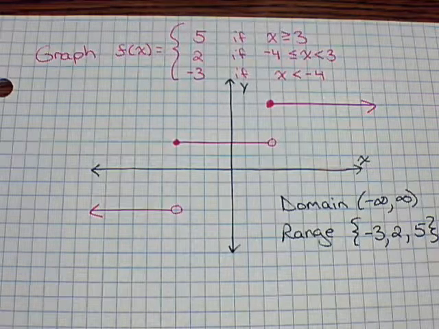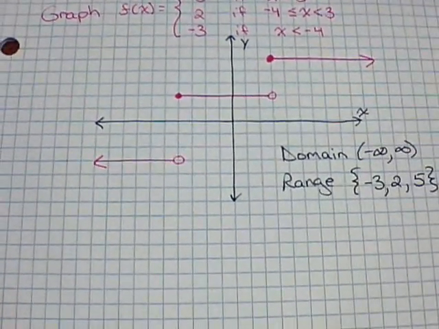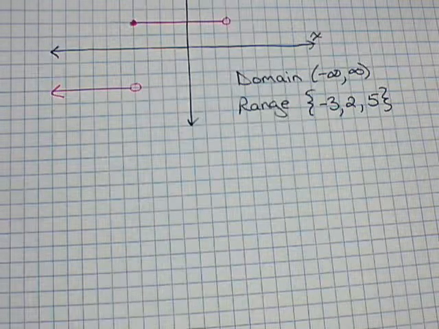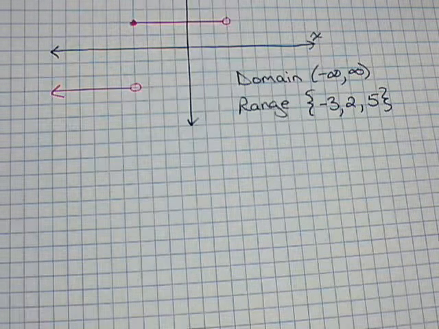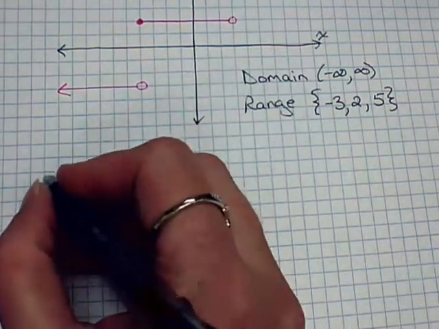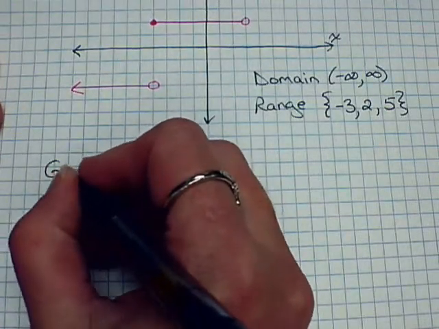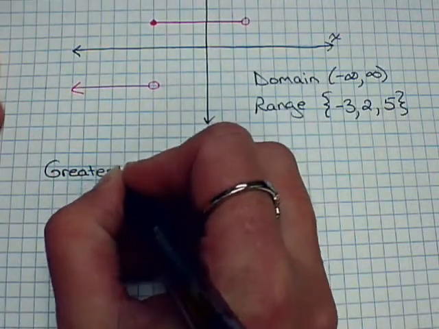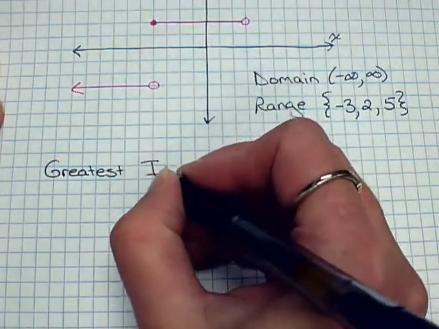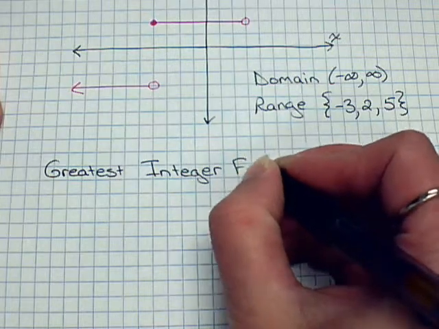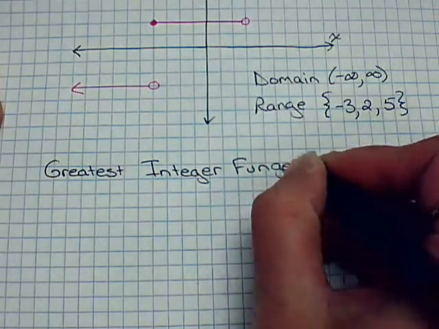Now, there's another example of a step function that's pretty popular, and if you do the investigation that goes with this activity, the discovery, you'll get to play a lot more with it. I just want to introduce it here in the video. The function is called the greatest integer function. The greatest integer function has a funny little symbol.